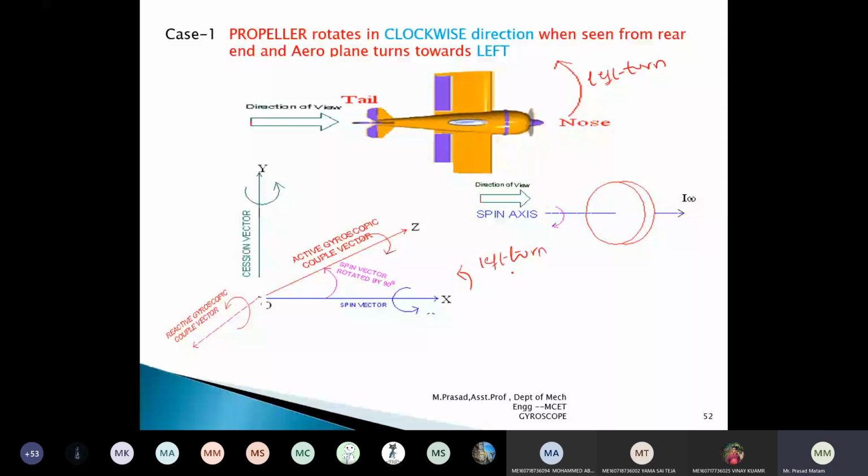This is my spin axis. Where am I getting the precession vector? Exactly on the y-axis. This is the precession vector.